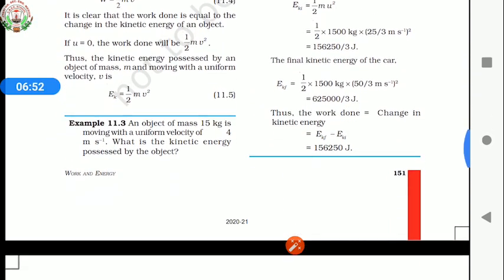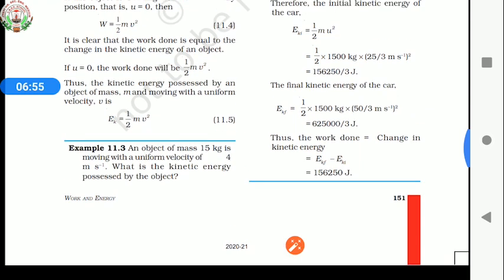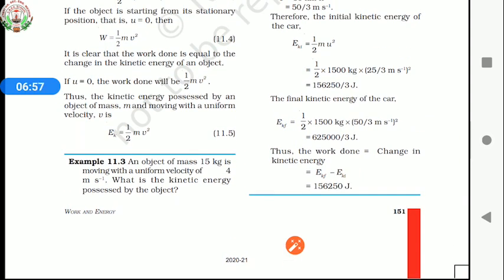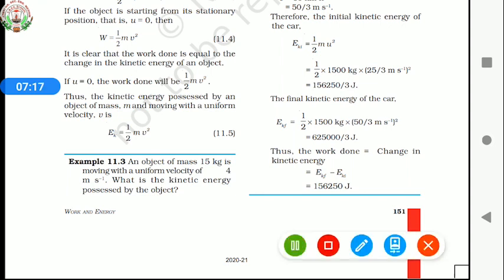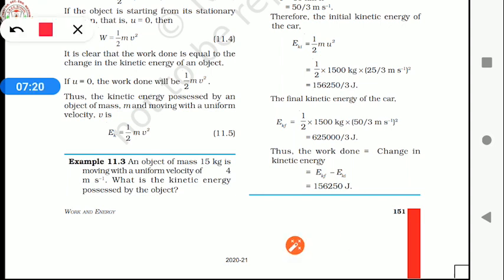Okay. Moving on to another question. Example number 3 of your textbook. An object of mass 15 kilogram is moving with a uniform velocity of 4 meter per second. What is the kinetic energy possessed by the object? Here, mass of the body is given as 15 kilogram and the velocity is 4 meter per second. So what is the formula for calculating kinetic energy?